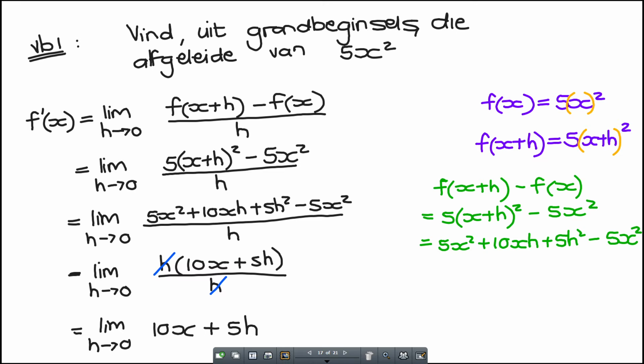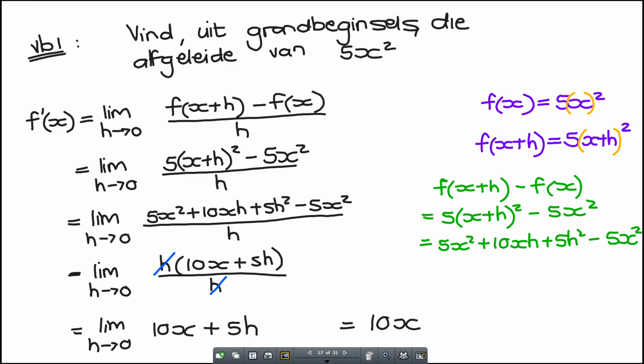So our last step is substitute in. That's 0. And if I substitute 0 in, what am I going to get? It's 10x plus 5 times 0, and that gives me 0. So technically, it's only equal to 10x. Please write that underneath. So equal to 10x. Can you see there's no limit anymore because I'm substituting in?